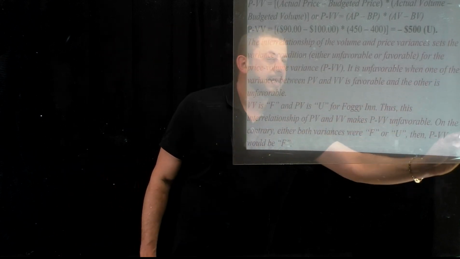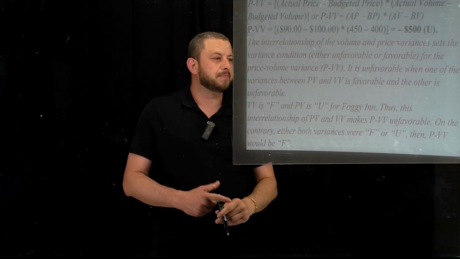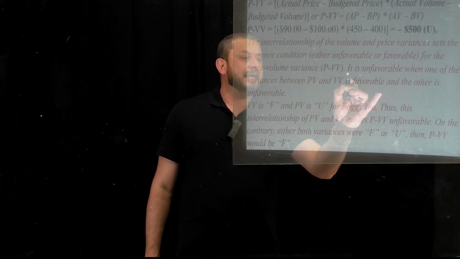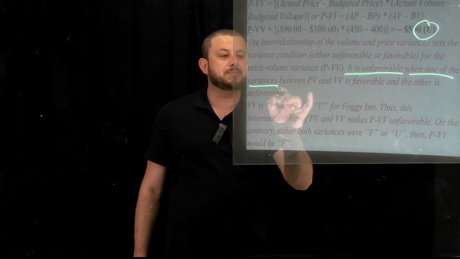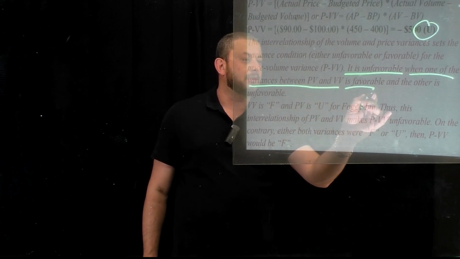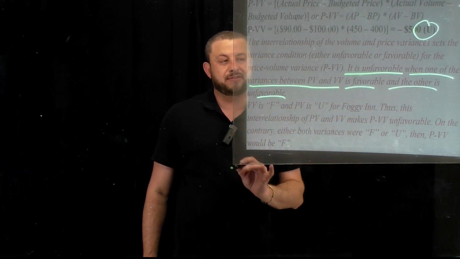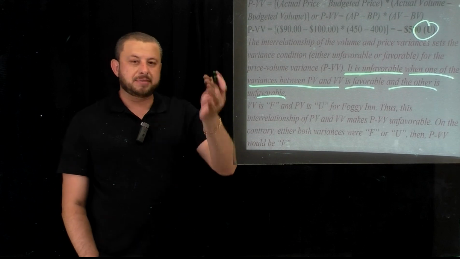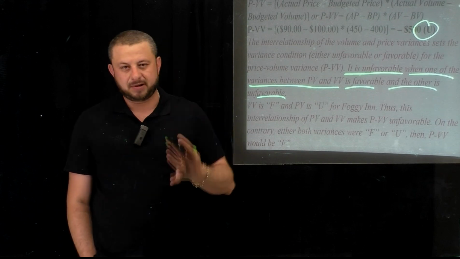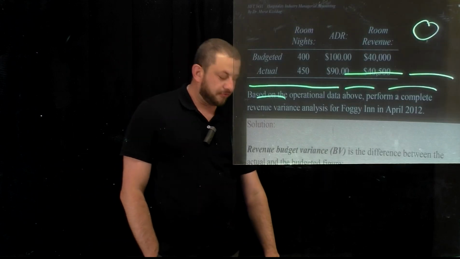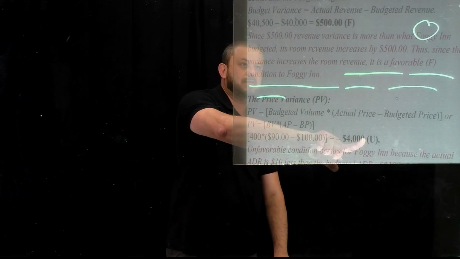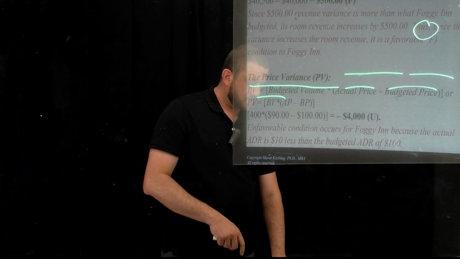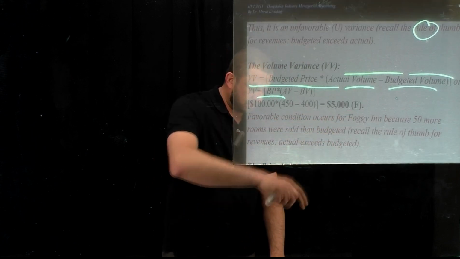So, it is unfavorable, which is our case, when one of the variances between PV and VV is favorable and the other one is unfavorable. In this case we have an unfavorable PV, and then we have a favorable VV.